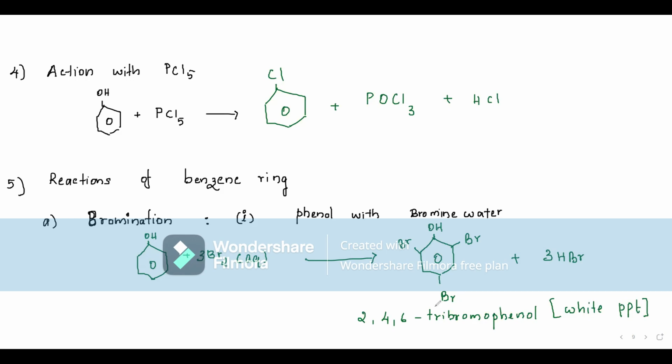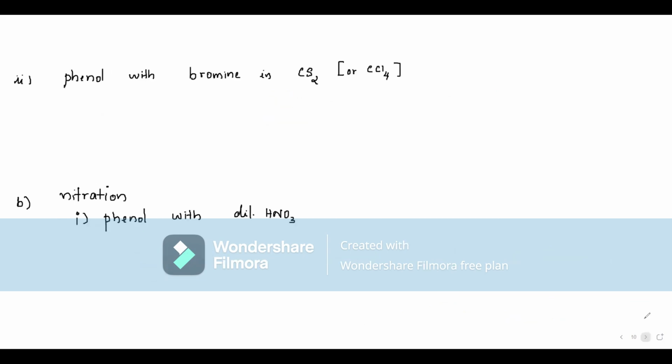So bromination of phenol with bromine water gives us 2,4,6-tribromophenol.